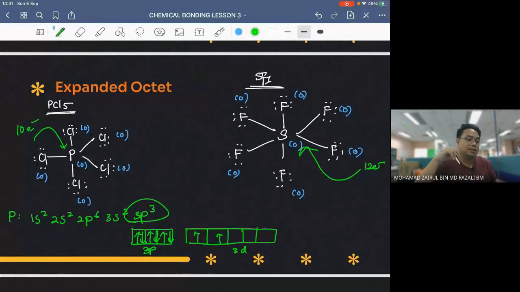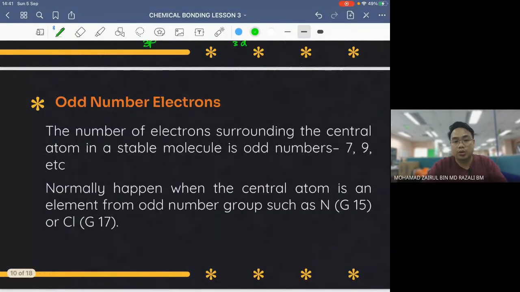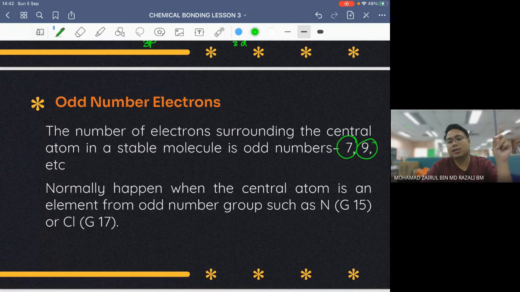Okay, and the last type of exception to the octet rule is the odd number electron. So the odd number electron happens when the surrounding central atom has a total number of electrons which equals an odd number, okay, odd number macam 7, 9 and etc. And normally it happens when the central atom dia terletak dalam group yang ada odd number.